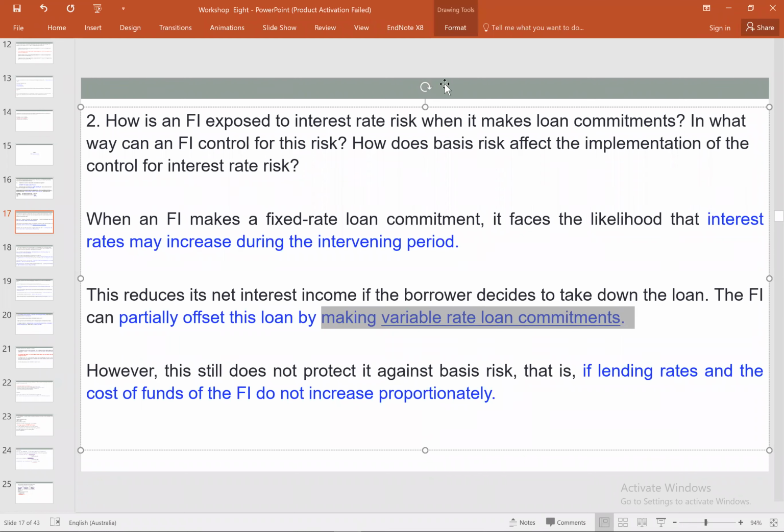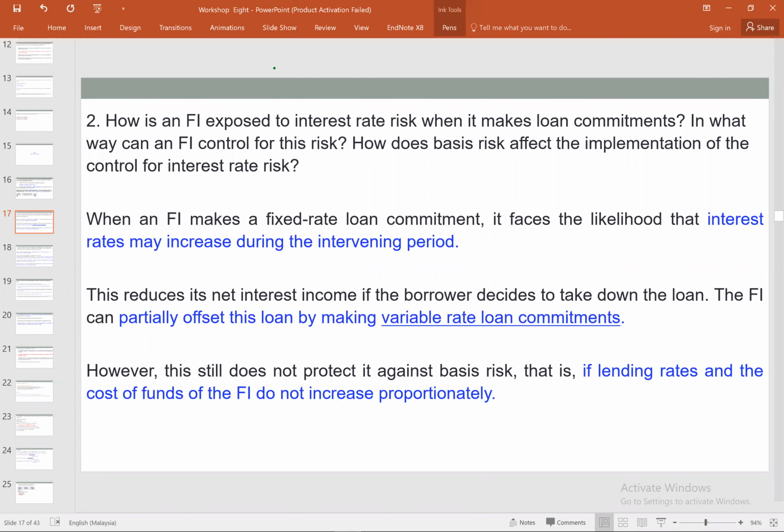Now, however, this still does not protect against basis risk, which means you can do it variable. You can say, okay, this is a loan commitment, but it's according to changes in the interest rate. The problem is when you do that, the increase or the decrease, because you have deposits, which are the sources of funds, and you have loans. Now, when there is a decrease or increase, there is a difference in the basis. It's not actually the same for the deposits.